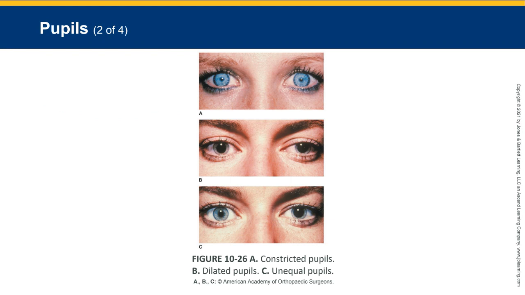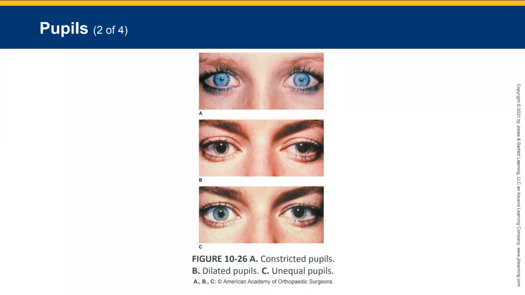So if a light is shined in the eyes and the pupils are pinpoint, then you should be thinking about the possibility of an opioid or opiate overdose. So you need to consider the history for this patient.